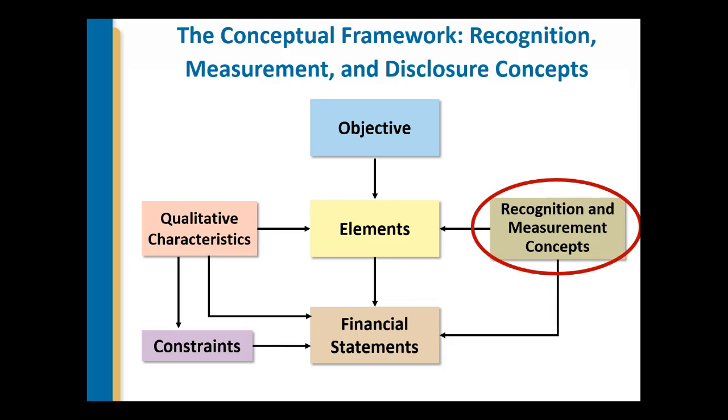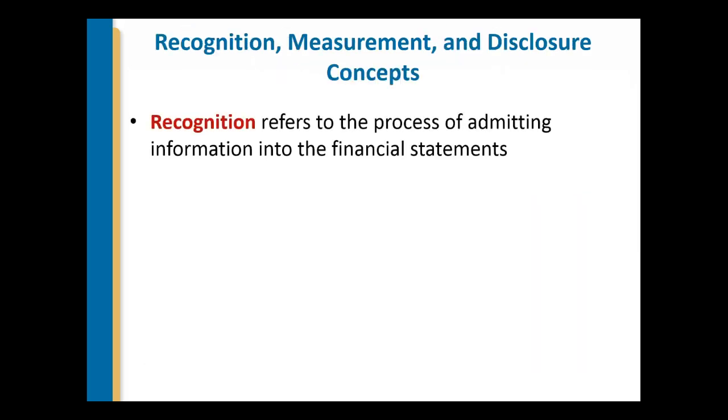Now we're going to talk about the recognition and measurement concepts that determine when elements appear in the financial statements, and also the amount at which they will appear. Recognition refers to the process of admitting information into the financial statements.